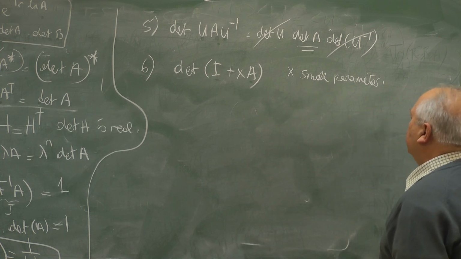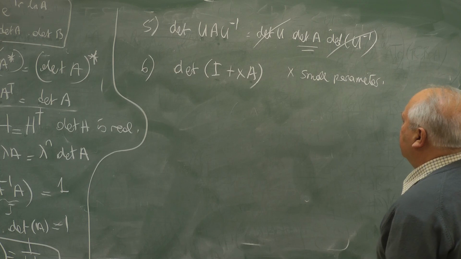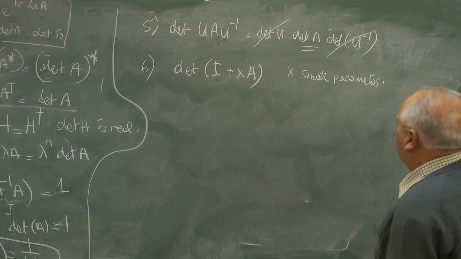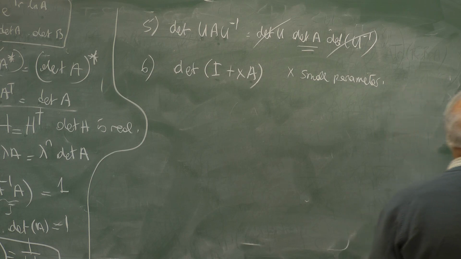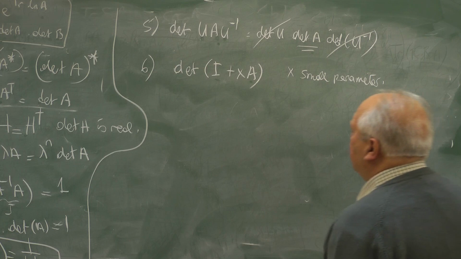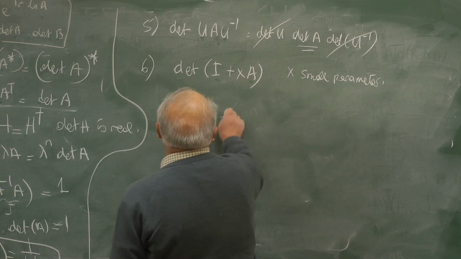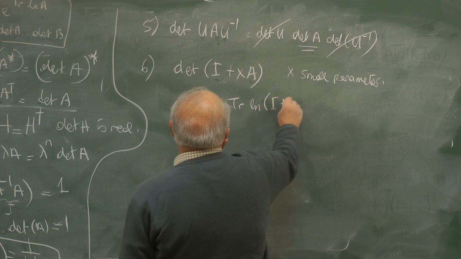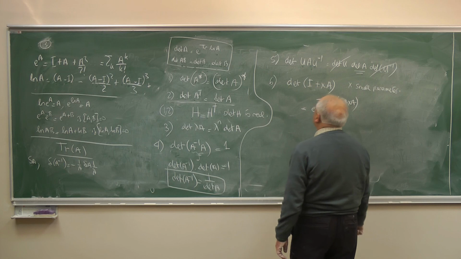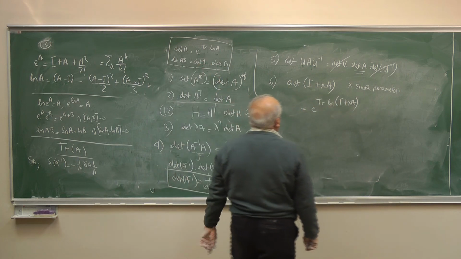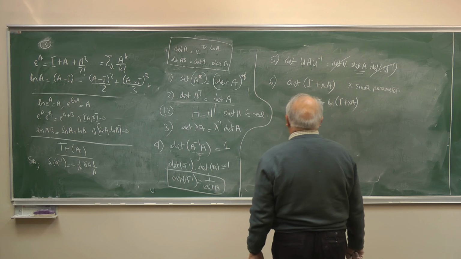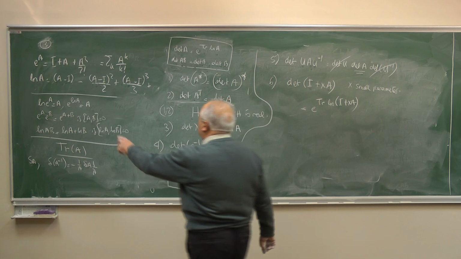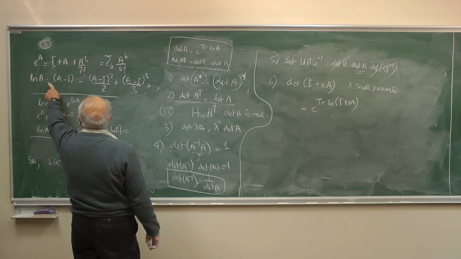You don't want to solve it to all orders in x. What is the first order in x? So we use this definition. This determinant is e to the trace of log of I plus xA.